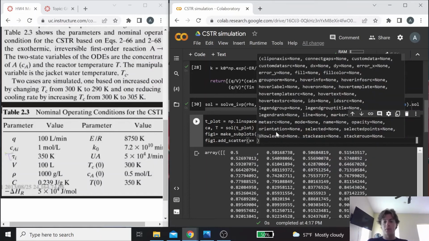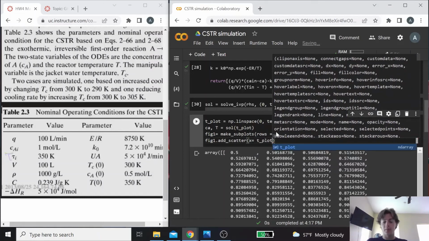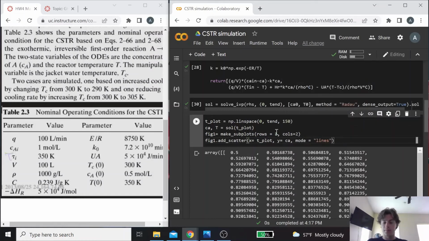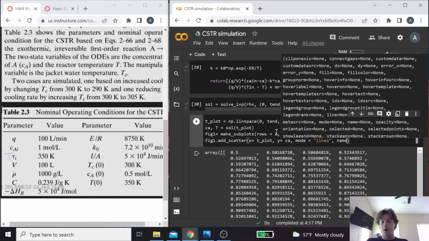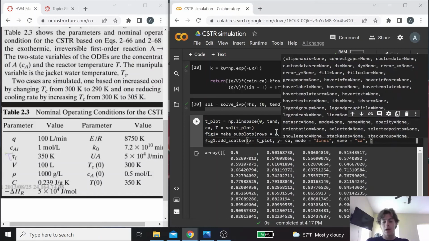The x variable will be our time for plotting purposes. The y variable will be our concentration. I will set the mode equal to lines. I will name this CA for our concentration of A, and we'll put this in row 1 and column 1.